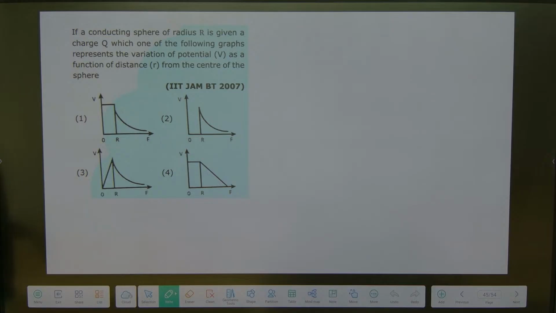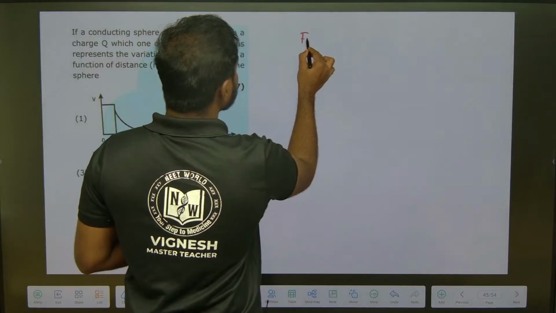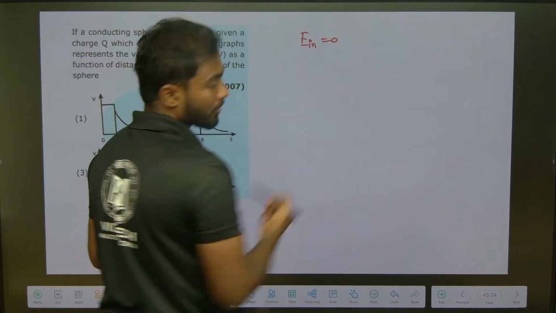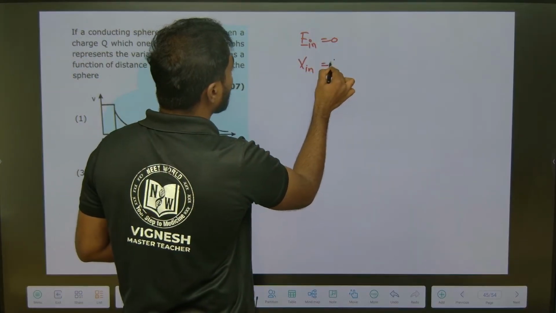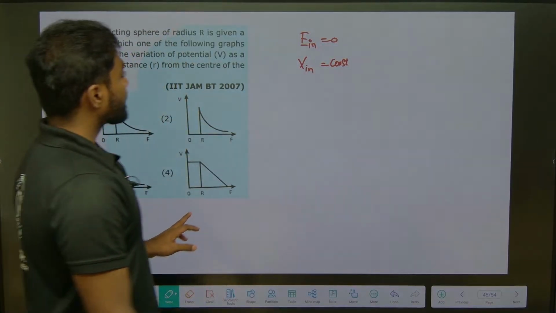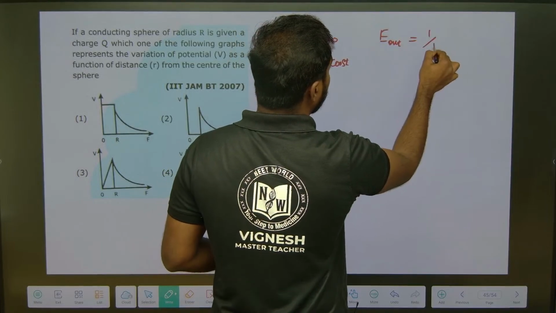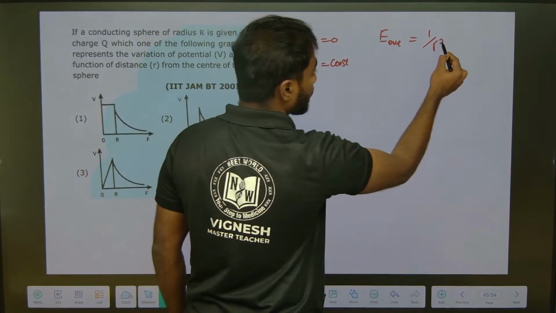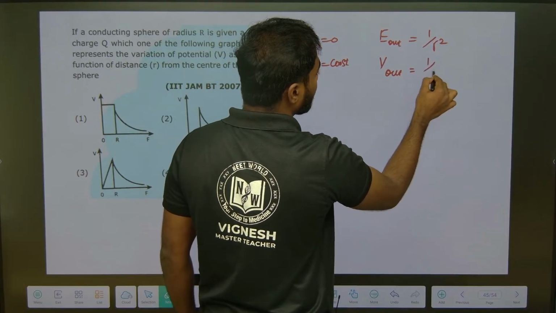Okay, can we see the answer now? When we talk about the electric field inside, it will be 0 first of all, and the potential inside, V in, will be constant; it doesn't change. Whereas the electric field outside goes as 1 by r squared, and the potential goes as 1 by r.